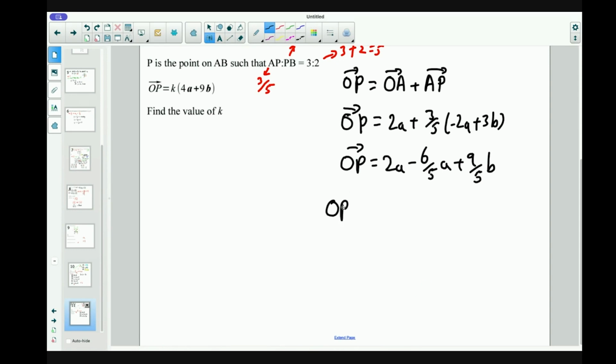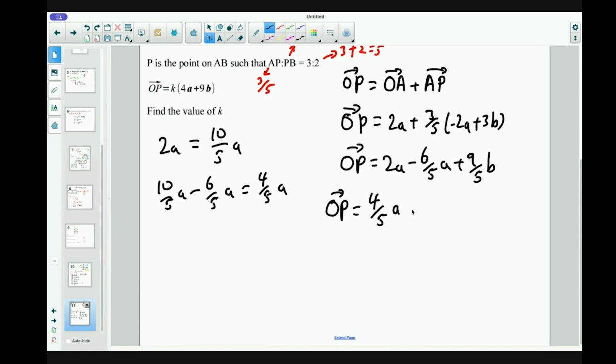So let's simplify. 2A minus 6/5 A: I can rewrite 2A as 10/5 A, so 10/5 A minus 6/5 A gives us 4/5 A. Then we'll have plus 9/5 B. For our almost last step, we factor out 1/5 from both terms, and we're left with 4A plus 9B.